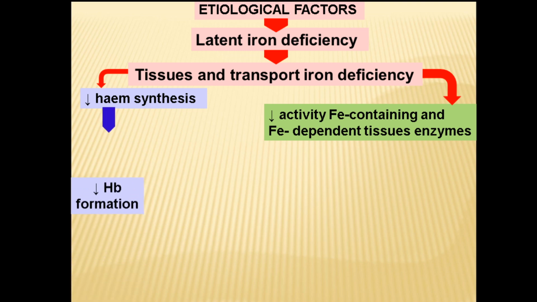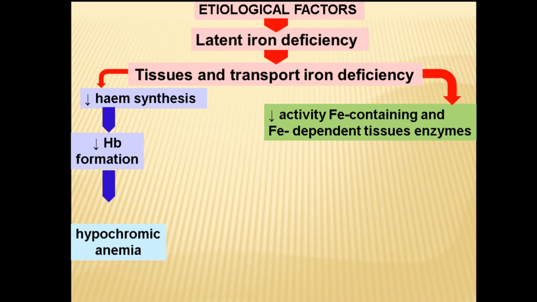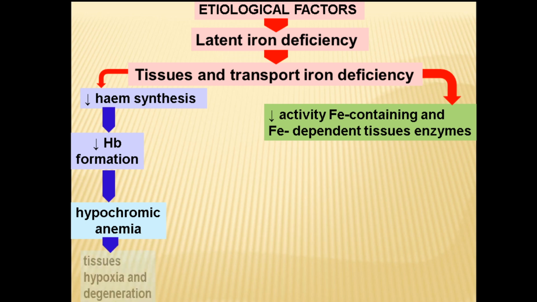As a result, there will be decreased formation of hemoglobin, and we can reveal hypochromic anemia in blood analysis. It is accompanied with tissue hypoxia and some degenerative processes, especially in tissues very sensitive to oxygen level.